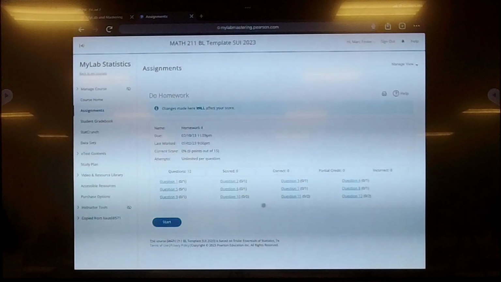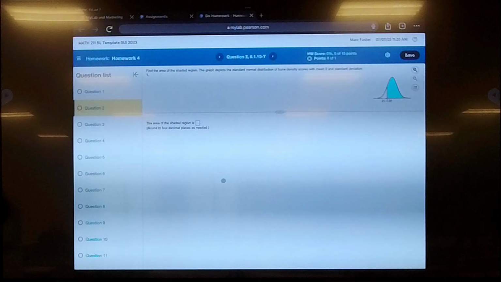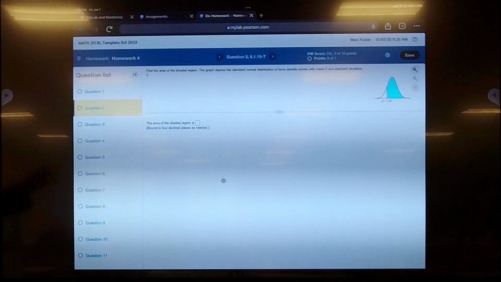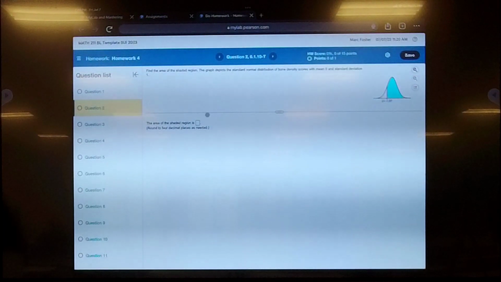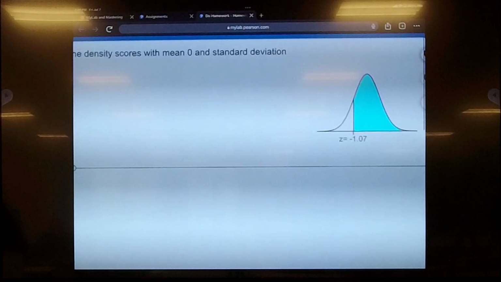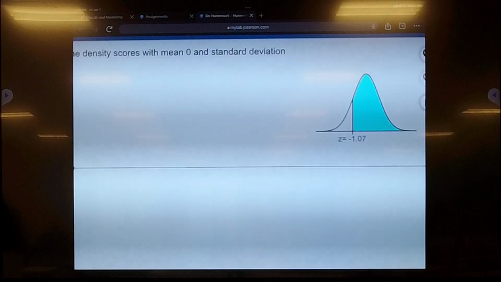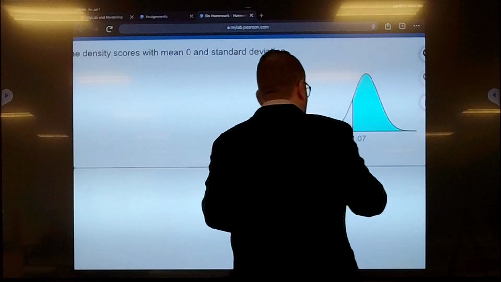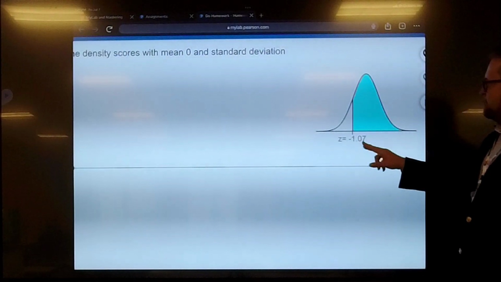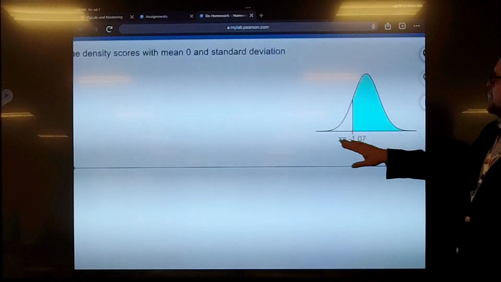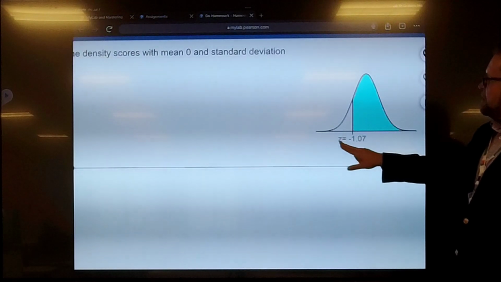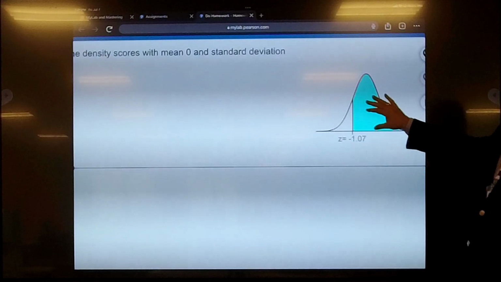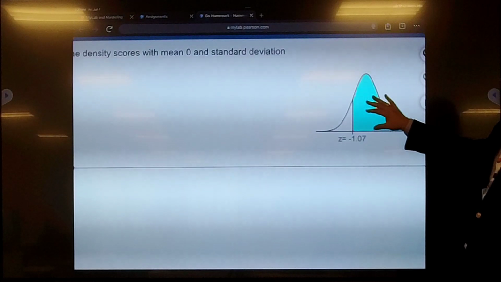Then it's true that you can say 1 minus this area to the left, just like what we talked about earlier. However, you can also just say that you want the probability that z is greater than or equal to minus 1.07.